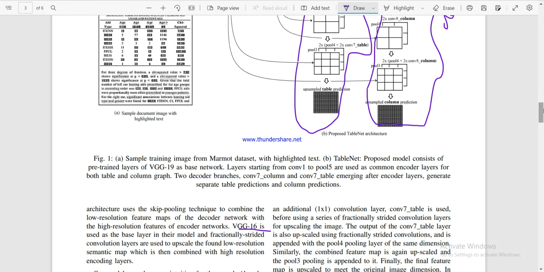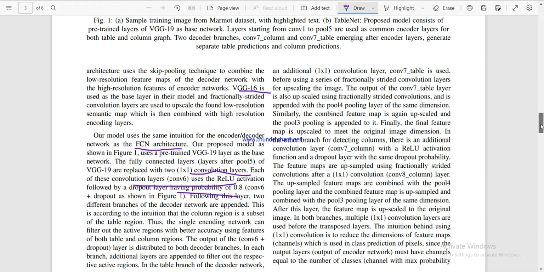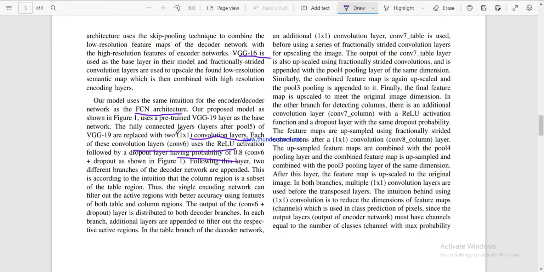Okay, so after that, let's see this, because these are similar to that. Only just a brief discussion of this model. Their model uses the same intuition for the encoder-decoder network as I've seen in the architecture. The proposed model, as shown in the figure, uses a pre-trained VGG19 as the base network.